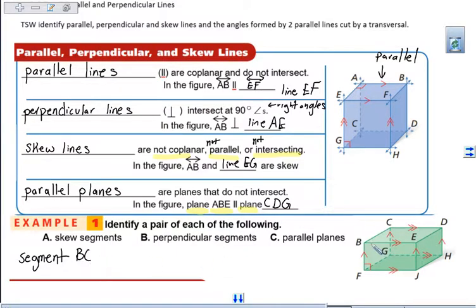And I want something that's not parallel to it, or potentially parallel to it, that doesn't intersect it, and is not on the same plane.